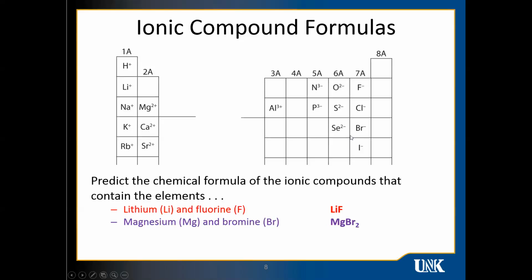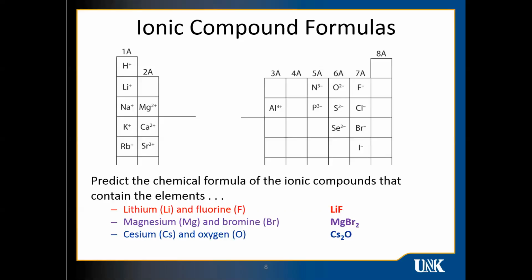So what that means then when we bring magnesium and bromine together to make an ionic compound is that one magnesium has a +2 charge, has to be put together with 2 bromides. Each one has a -1 charge. So the formula is going to be MgBr2, and in order to cancel out all the charges, 2 plus canceling out 2 -1s.